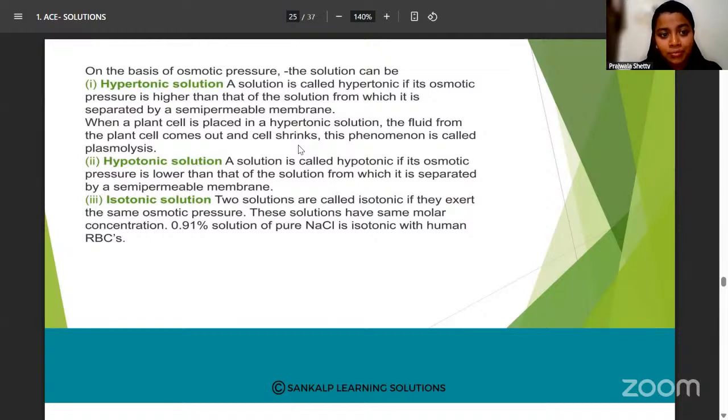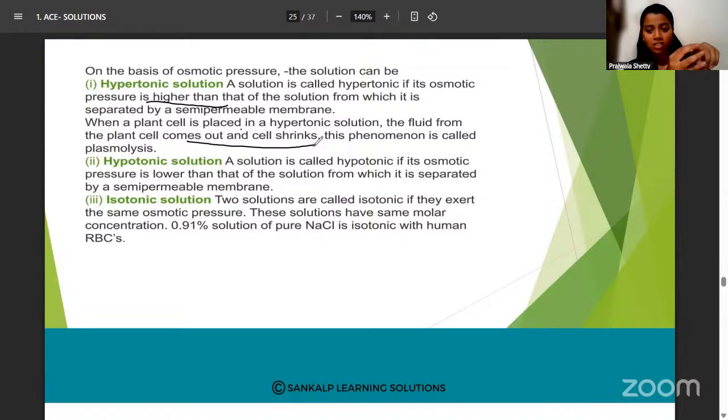Next, please remember this. First, remember what a hypertonic solution is. When a cell is placed in a hypertonic solution, what happens? The fluid comes out of the cell. Whatever liquid was there in the cell comes out, so there is nothing inside the cell, and it will shrink.